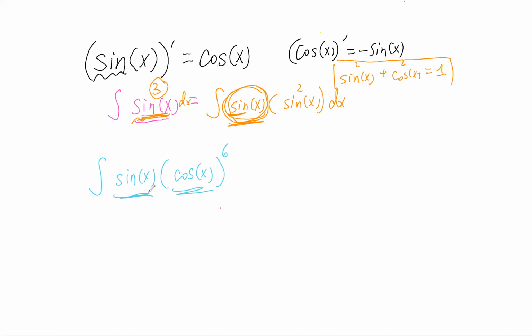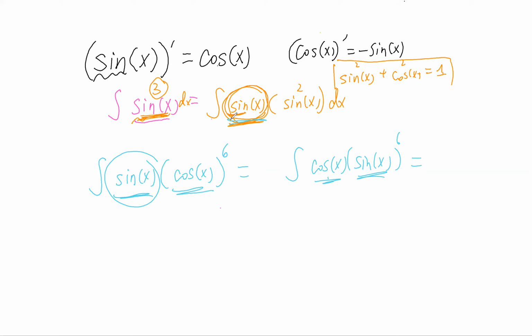Almost done if I have a negative sign. If I have cosine in front, this can be paired with sine to a power. The sine derivative is cosine. Now this is done. So this is the way we think about pairing sine with cosine, cosine with sine.